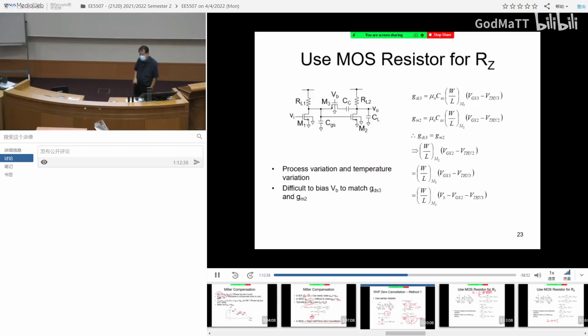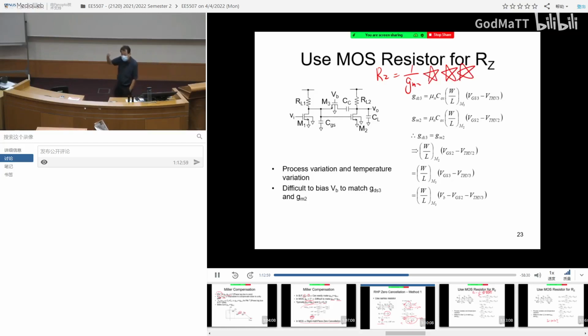So how do you implement this resistor? Of course, you can use an ideal resistor or some passive resistor. But if you do that, how do you guarantee the zero? Because what we want is RZ equals 1 over GM2. How do you guarantee that?